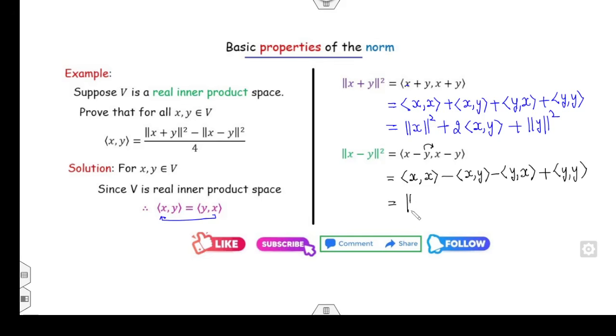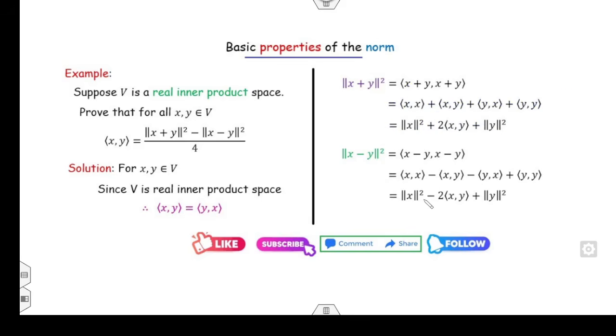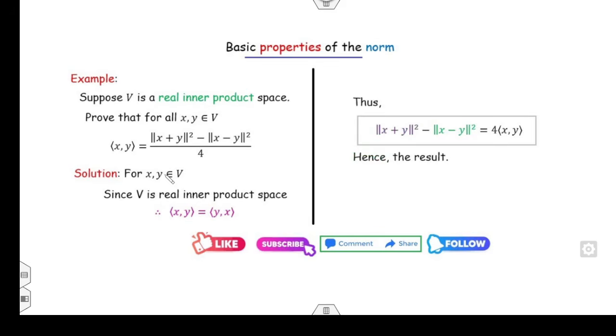So I can write this number is norm of x square minus twice of x and y plus norm of y square. Now you can substitute on the right hand side. Now you can see if you subtract them, the right hand side will be 4 times x comma y, and if you substitute on the right hand side, you will get the required result of the problem.